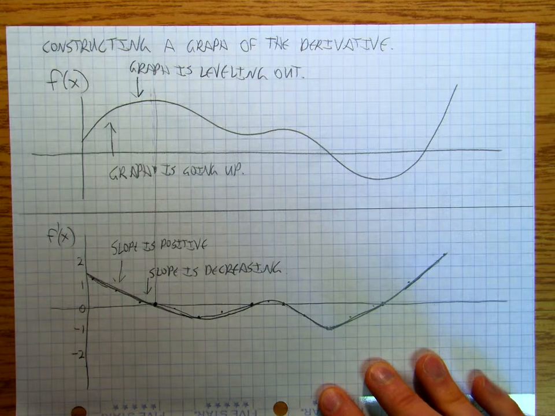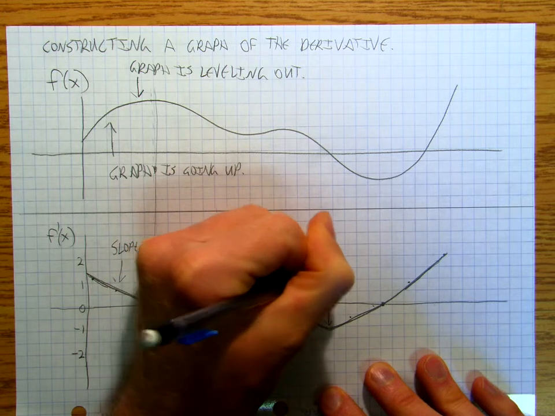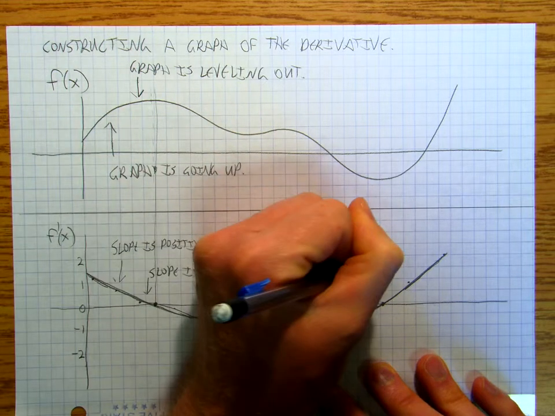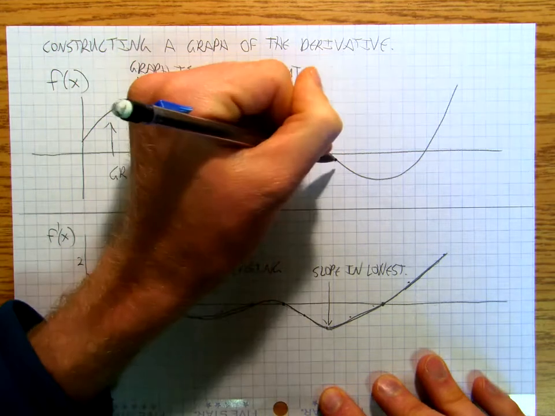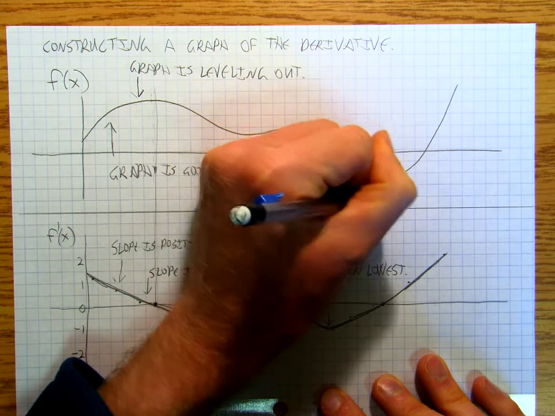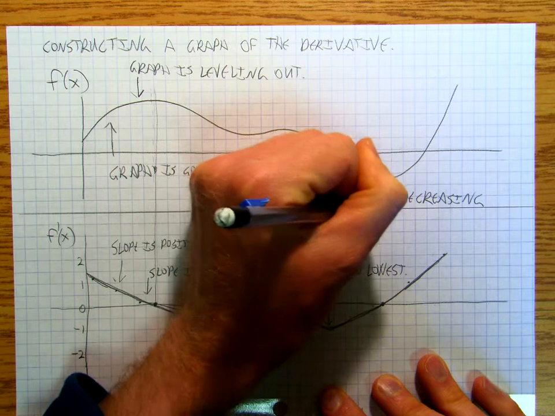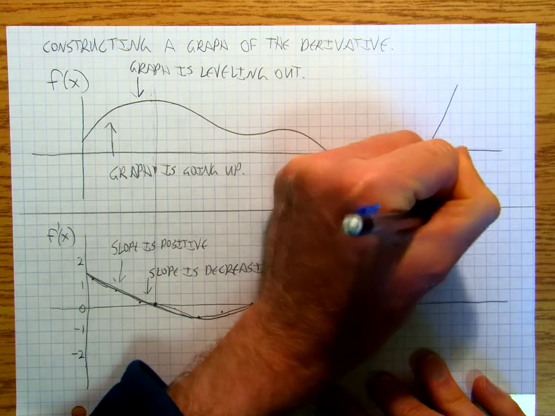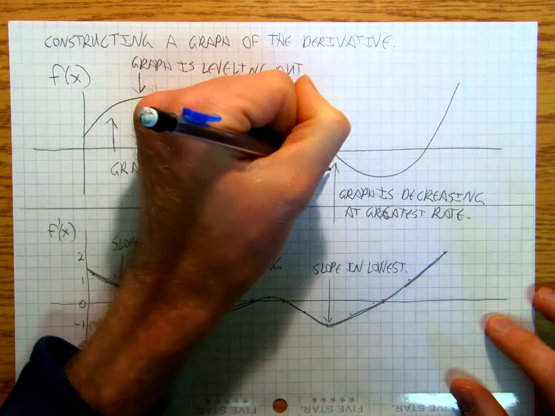And then similarly down here, here the slope is lowest, and so right here, where the slope is the lowest, that should be right about there.